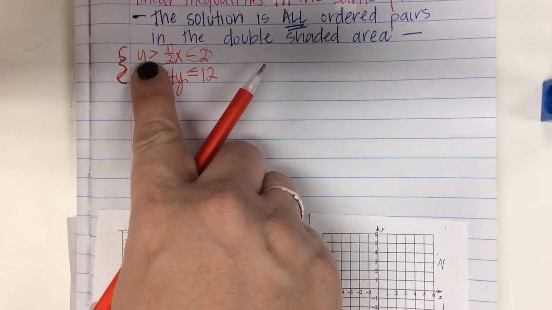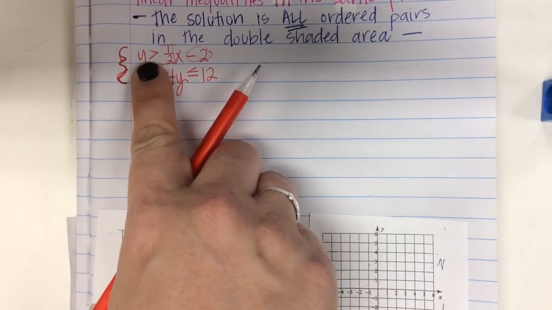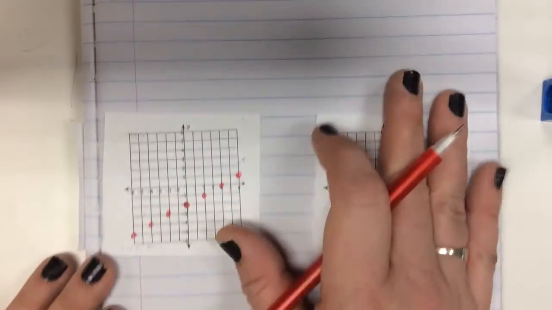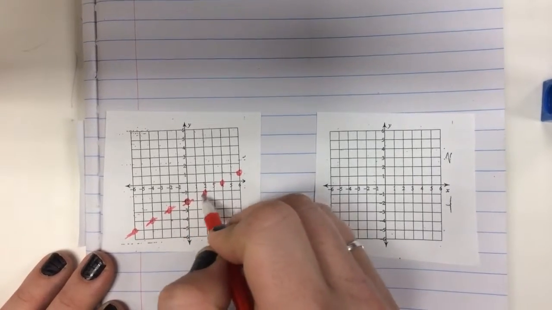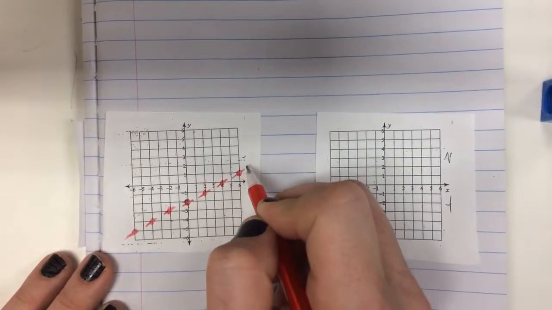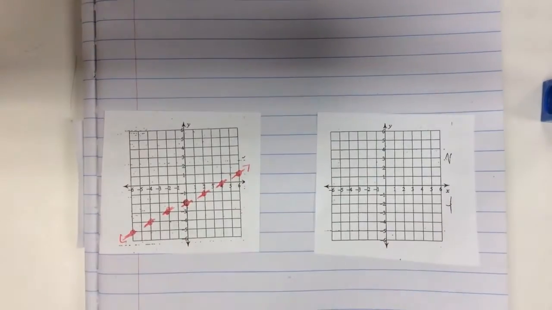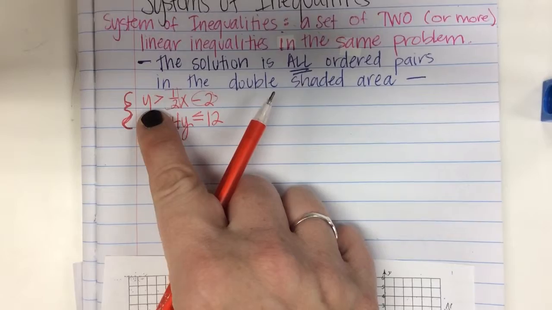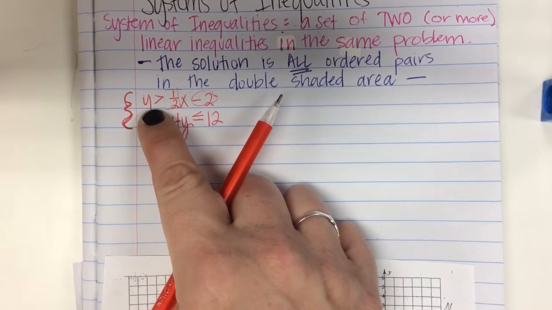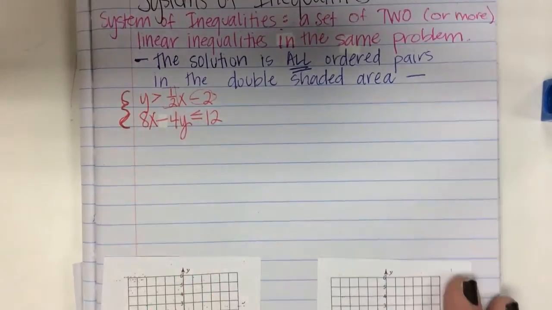Is this a solid or a dotted line? Dotted, because it's less than or greater than. And do I shade above because y is greater, or do I shade below because y is less? Above.